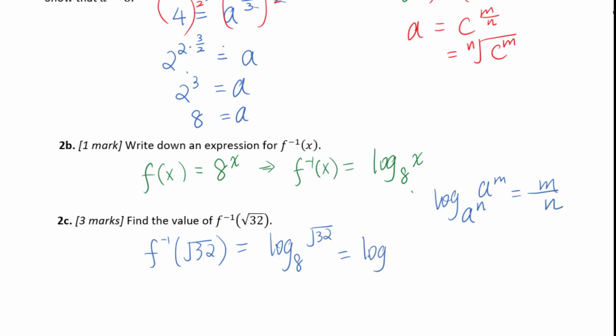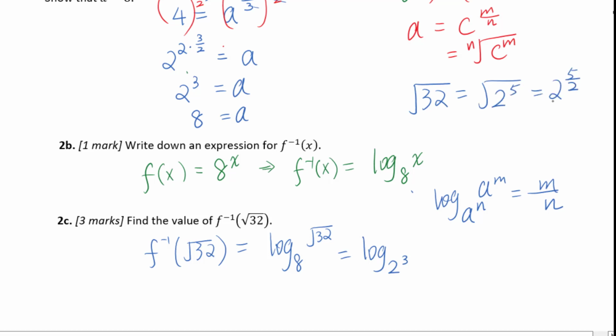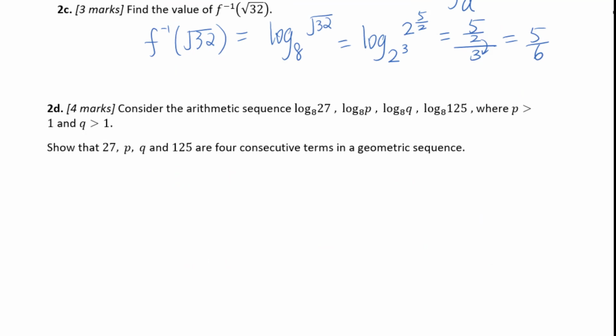We will get 8 is 2 to the third power. Square root of 32, we can write as square root of 2 to the fifth power. So we will get 2 to the 5 over 2 power. So we get 5 over 2 over 3. Drop down because this is a complex fraction: 5 over 6.